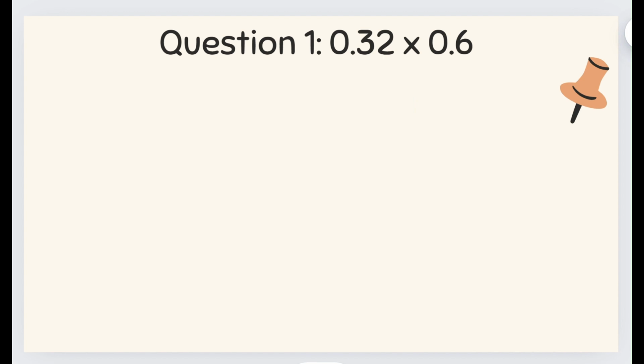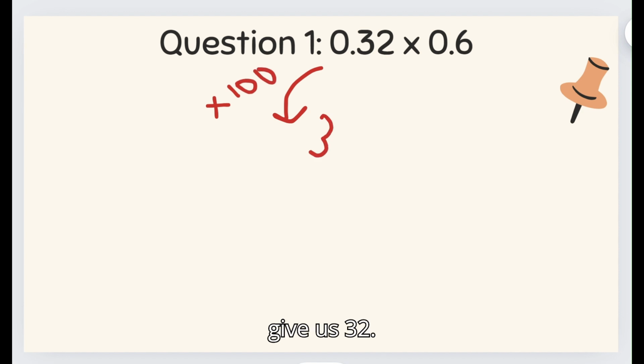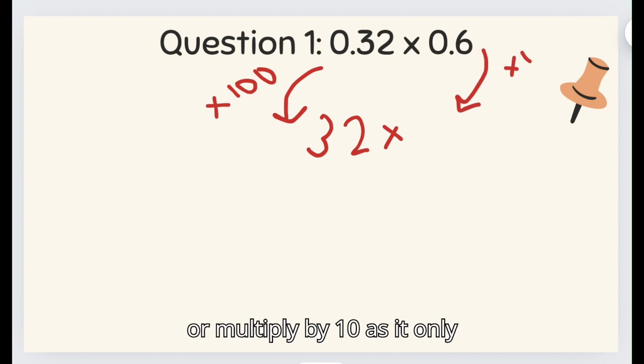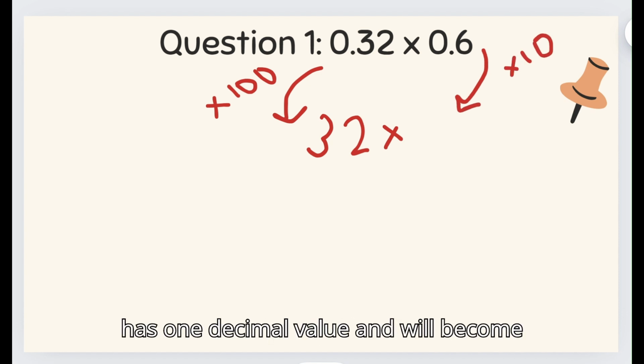So 0.32 multiplied by 100 will give us 32, times 0.6, which we multiply by 10 as it only has one decimal value, and it will become 6.